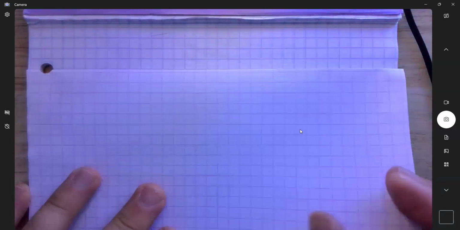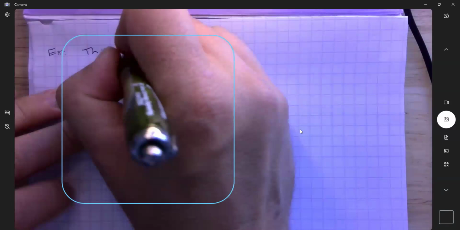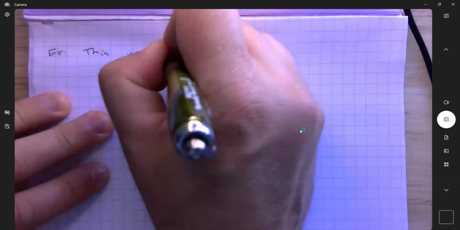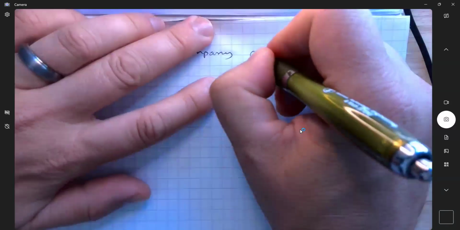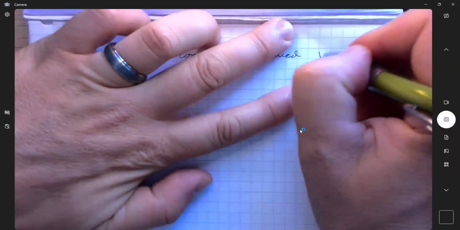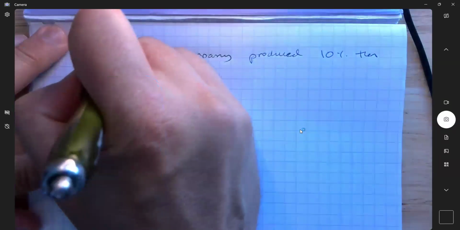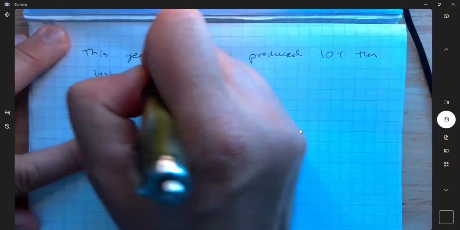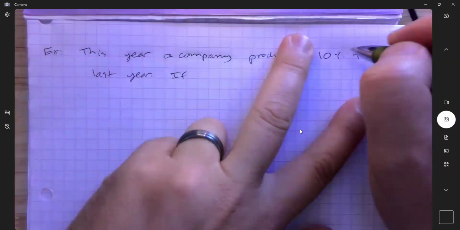All right, so the question is, this year, the company produced 10% more than last year. 10% more items.